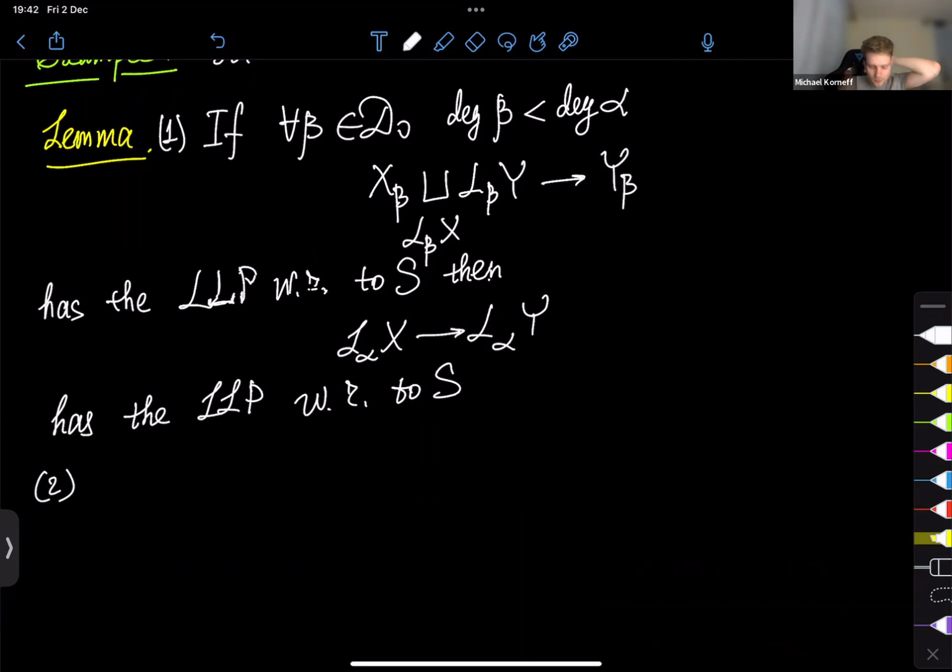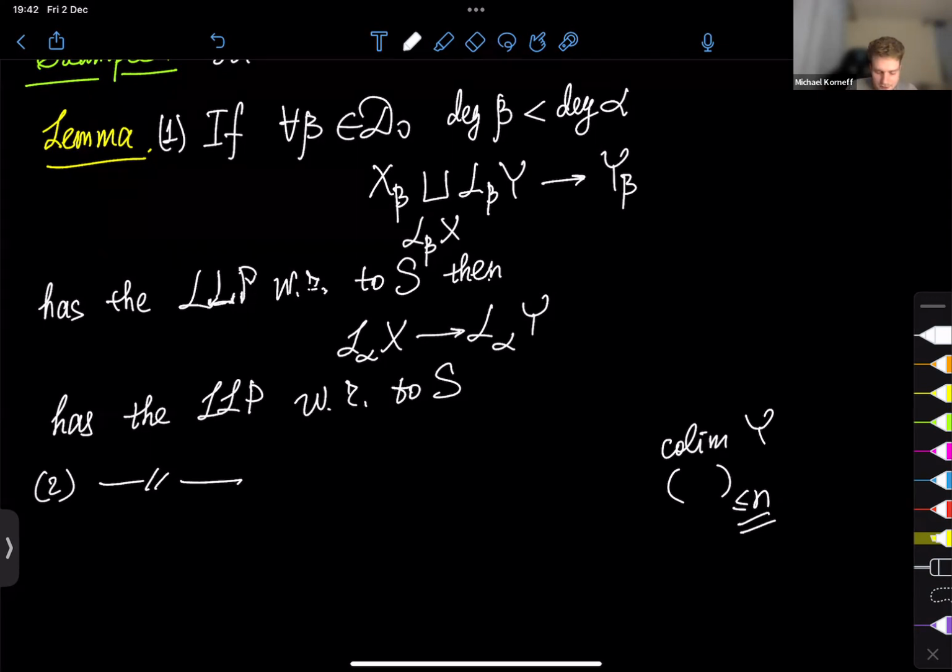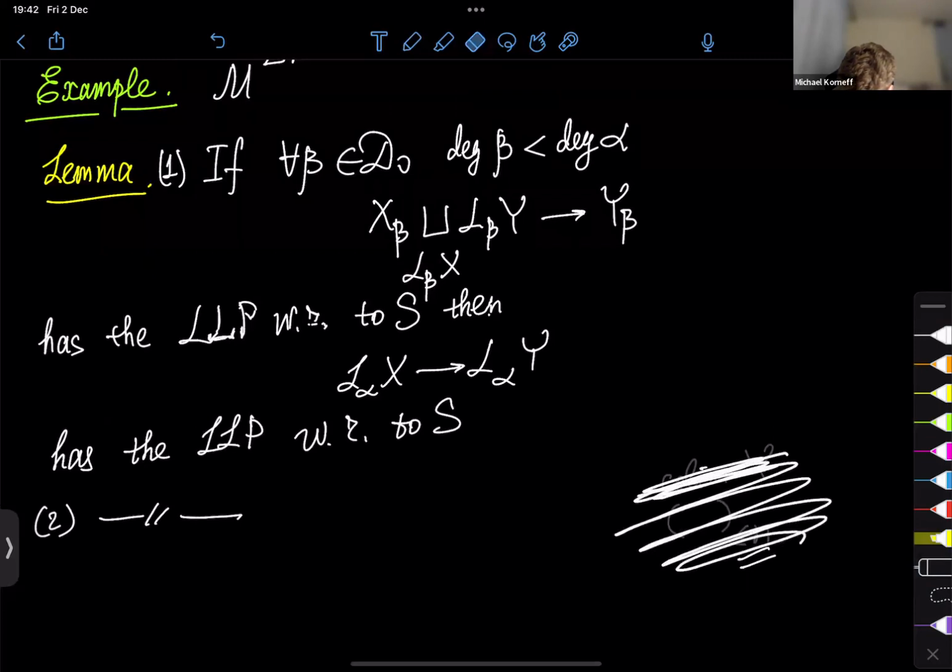Recall that the proof was based on induction on the colimit over degree less or equal to some n, and we also use the Hirschhorn lemma, and in this manner we prove this lemma.